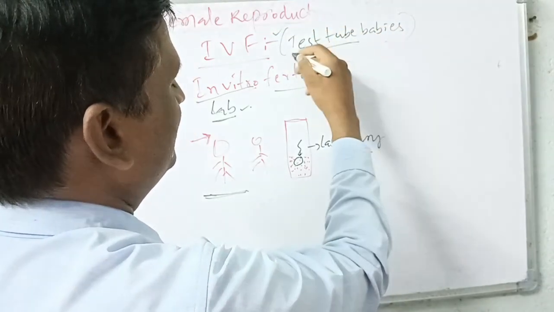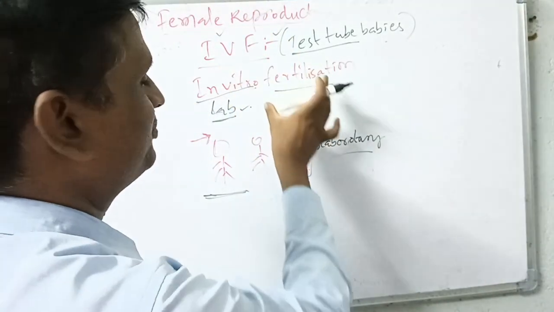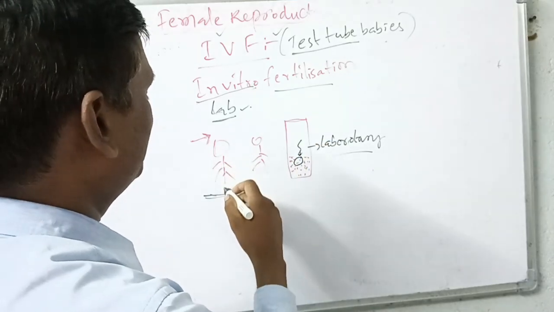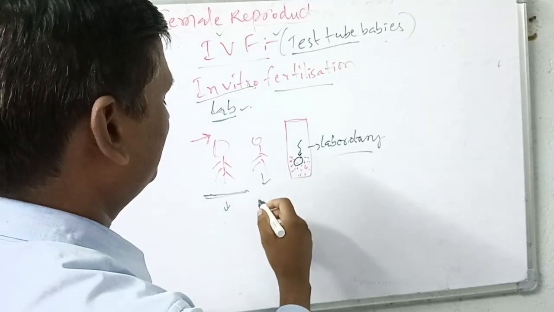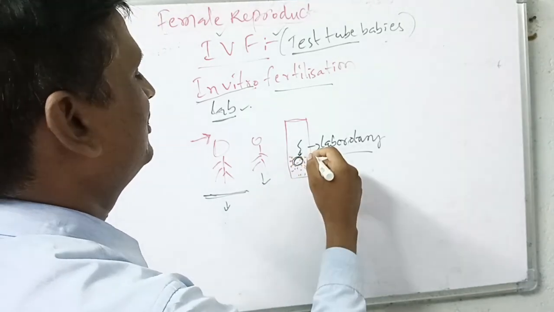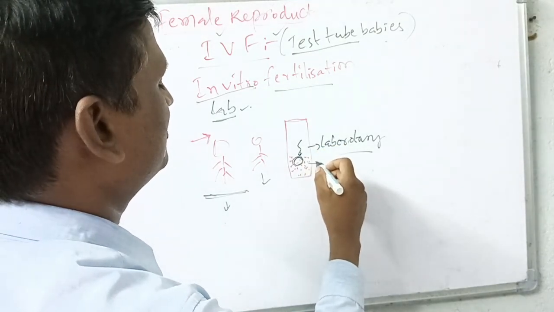Test tube babies are produced by the process of IVF. In this process, from the female the ovum is taken out, that is the female gamete. From the male the sperms are taken out, the male gametes. Both are fused in the laboratory, under controlled conditions in the test tube.